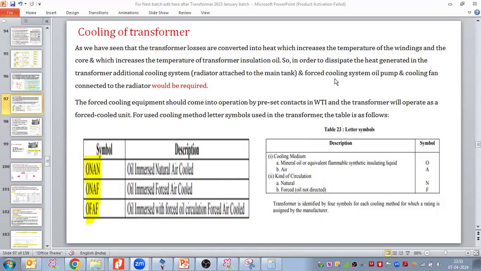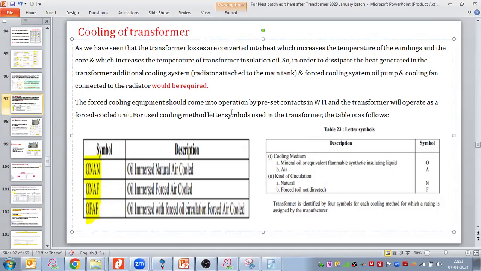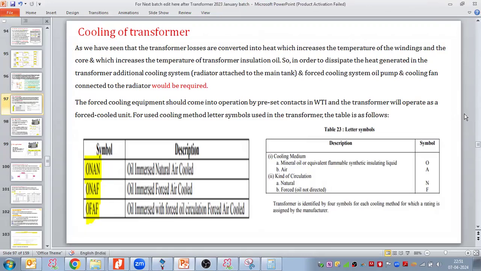For a forced cooling system, the oil pump and cooling fan connected to the radiator would be required. The forced cooling equipment should come into operation by preset contacts in the WTI, and the transformer will operate as a forced cooled unit.